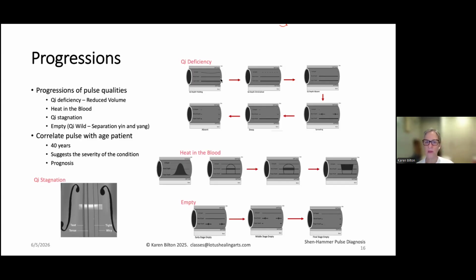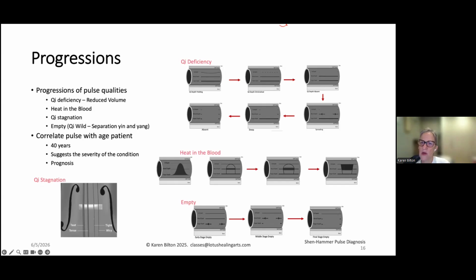Now, this is where the progressions become really interesting and helpful prognostically, and also to give an idea to your patient of how hard you have to work. So if we have our mild chi deficiency, where we're just starting to lose a little bit of buoyancy in our chi depth, then we get our chi depth diminished, where we don't feel it with full impulse up at the chi depth, and then we get our chi depth absent.